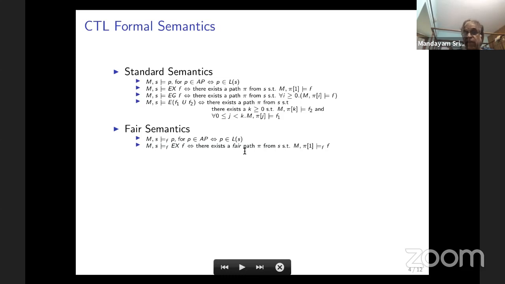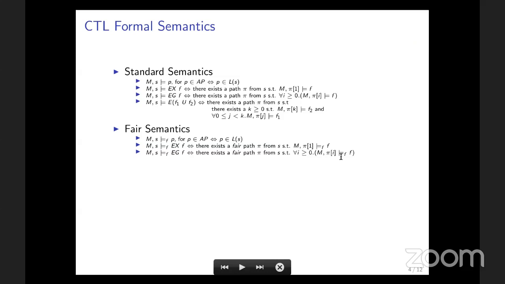The subtle difference here will be that if there are no fair paths at all originating from S, this becomes vacuous, and that makes a big difference in the way that you need to understand satisfaction under fairness. EG of F is true under fair semantics if there exists, once again, a fair path originating from that state, such that for every state on that path, F has to hold good fairly.